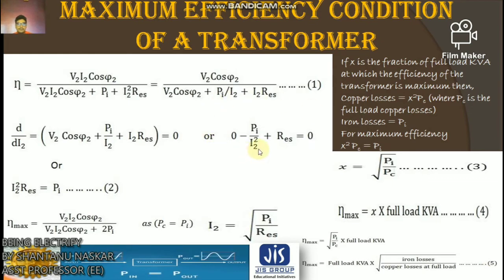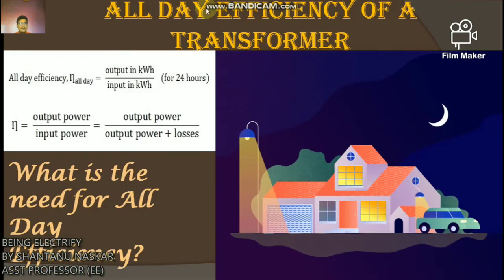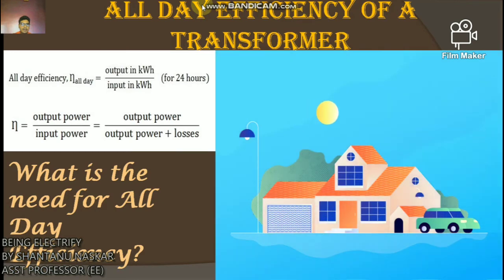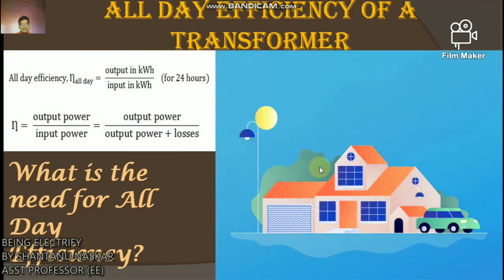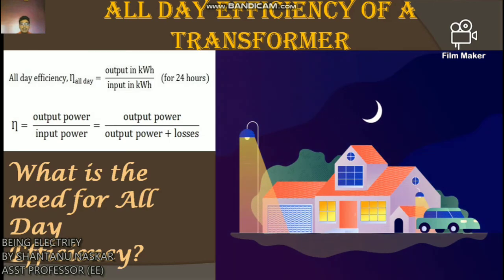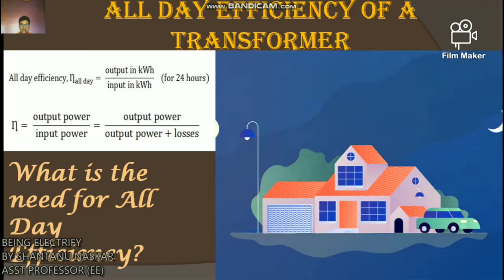Now we will discuss another important thing, which is the all day efficiency of the transformer. What is the definition of all day efficiency? All day efficiency means the energy consumed by the transformer throughout the day.